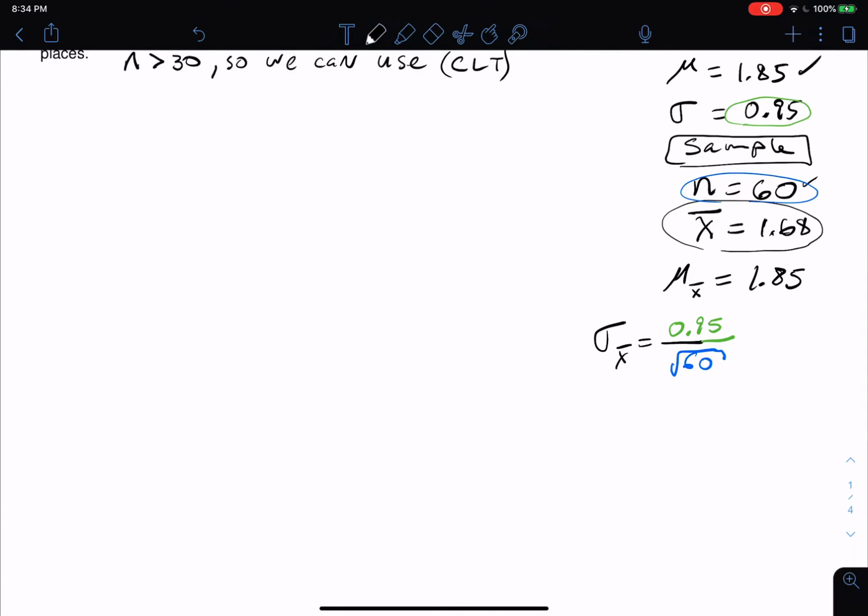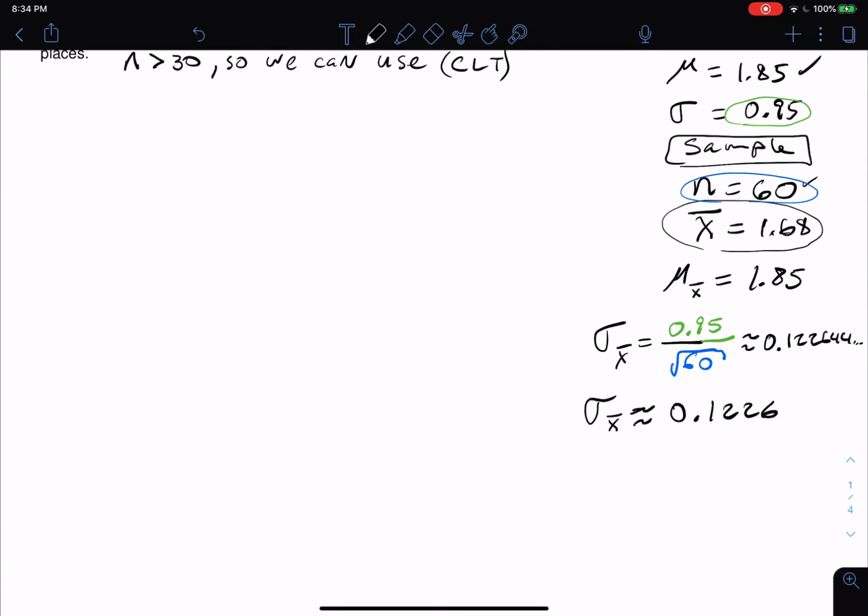When you put that in the calculator, you get approximately 0.122644, and that goes on forever. Let's round it to 4 decimal places. So the standard deviation of the sample means is approximately equal to 0.1226.